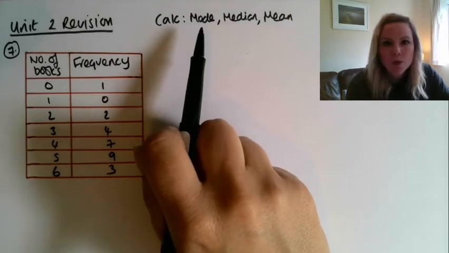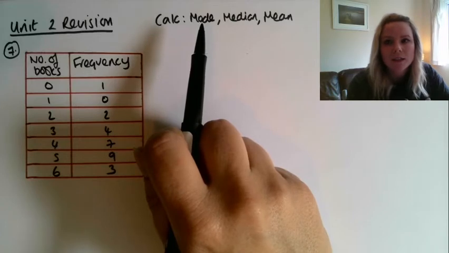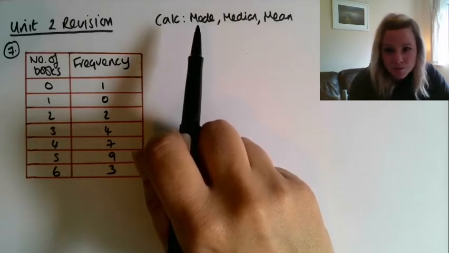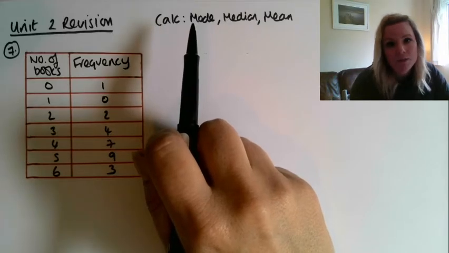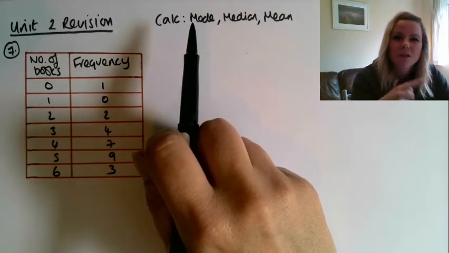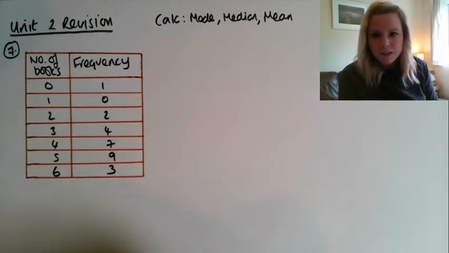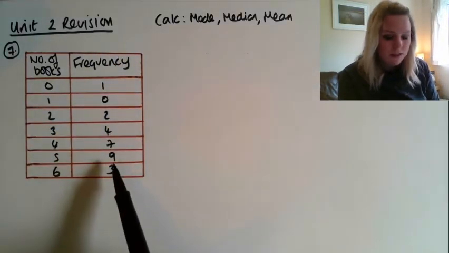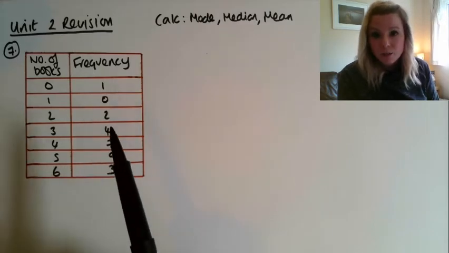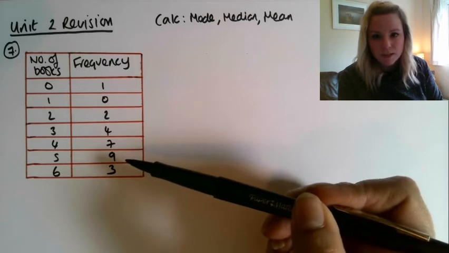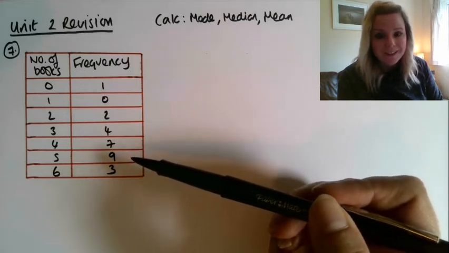Now the mode means that we need to look for the one that happens the most often. If you just have a list of numbers, then all you need to do is look through and see which one occurs the most. But whenever we have a frequency table, to get the mode, all we need to do is look and see which frequency is the highest. Now we can see here that 9 is the highest frequency, but our mode is not 9.